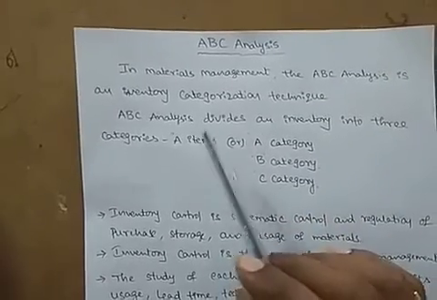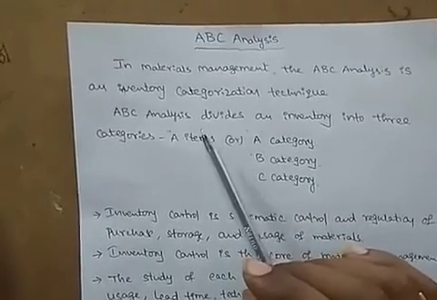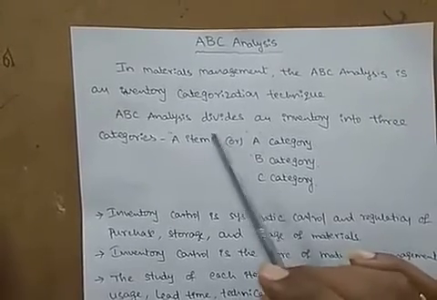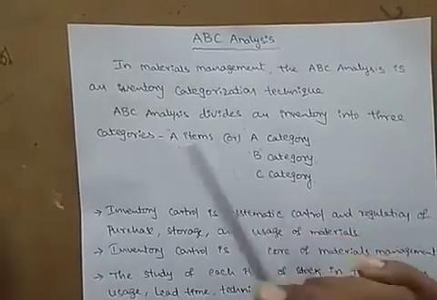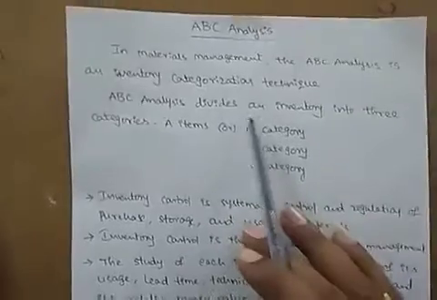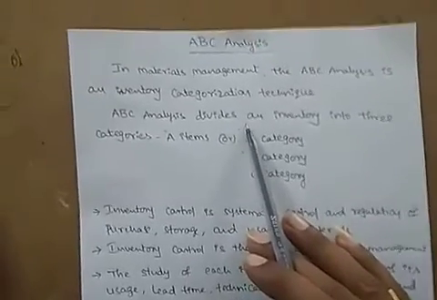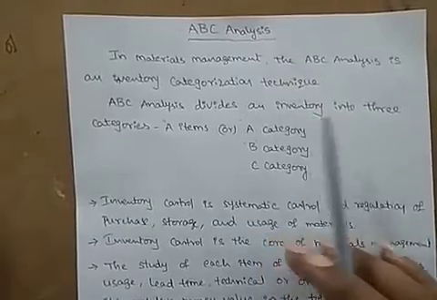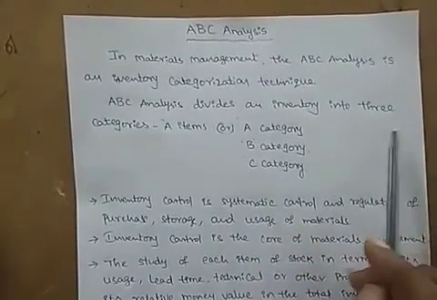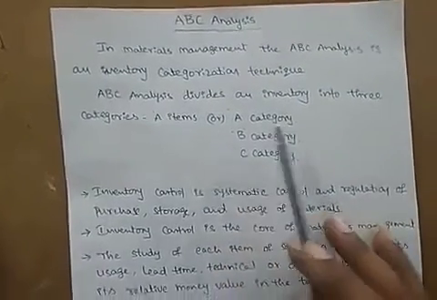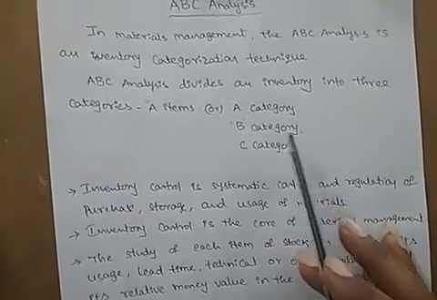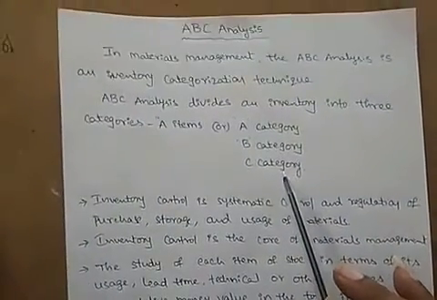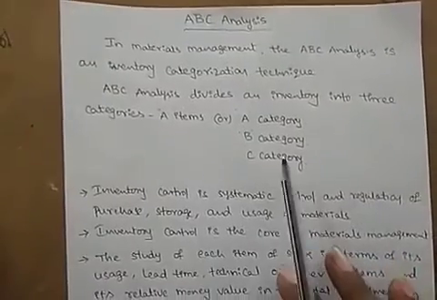So the organization must analyze this technique regarding the items or the inventory. Here the materials or inventory are broadly categorized into three types: A category, B category, and C category of items, or materials or inventory, whatever it may be.